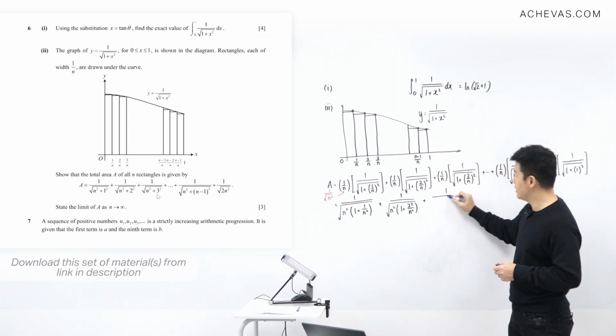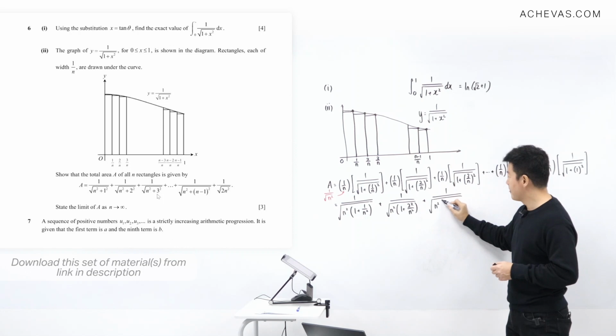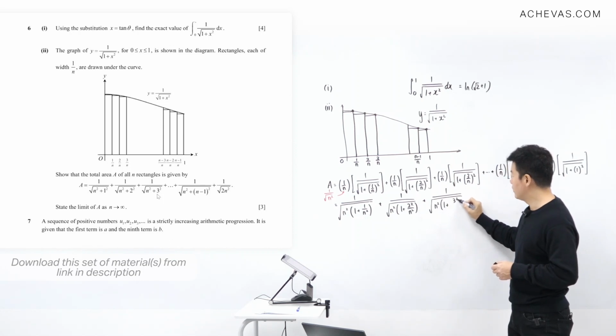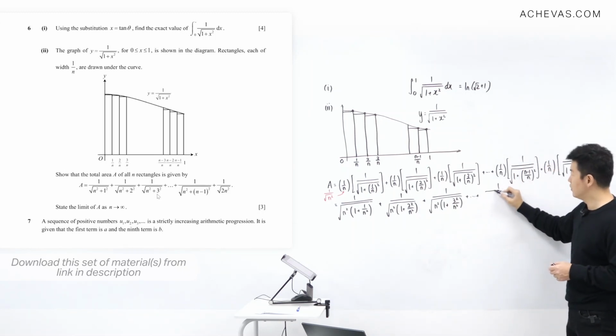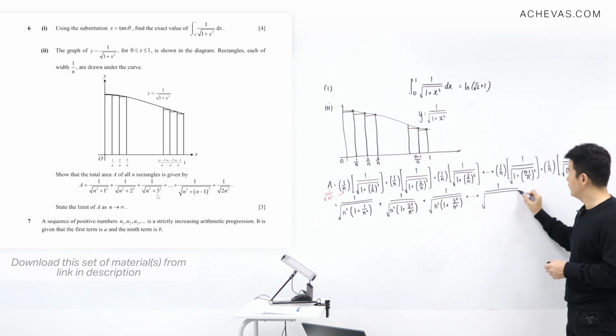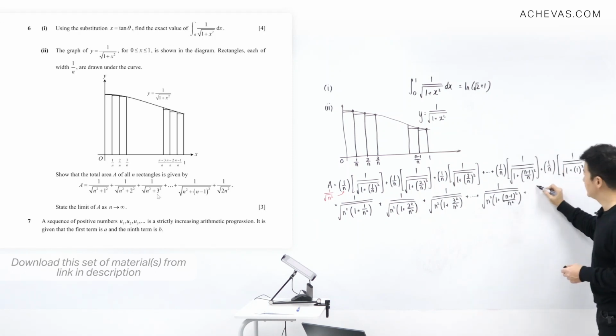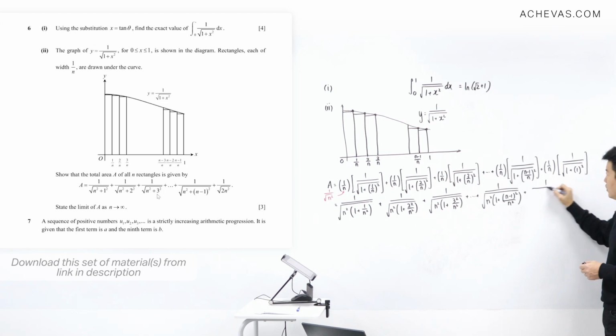Again, I'm going to do the same manipulation, rewriting this as n squared multiplied by 1 plus 3 squared over n squared, all the way until this, which is going to be 1 over square root of n squared times 1 plus (n minus 1) squared over n squared.